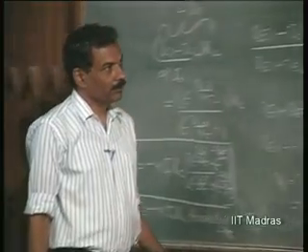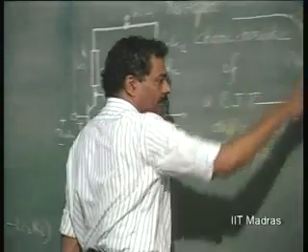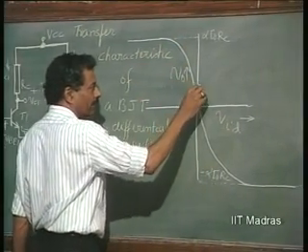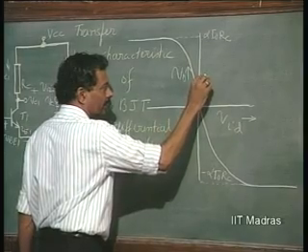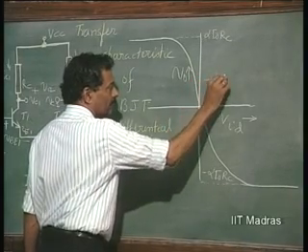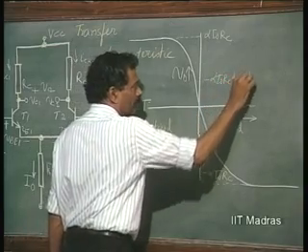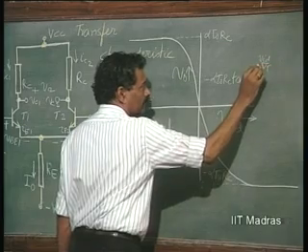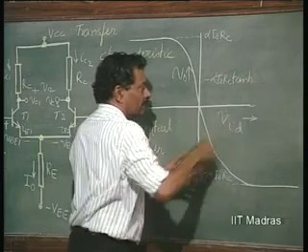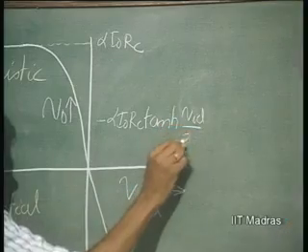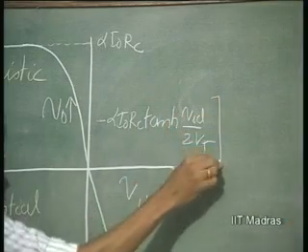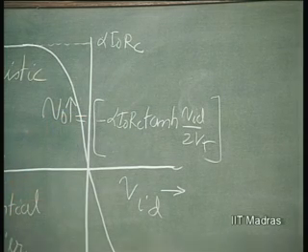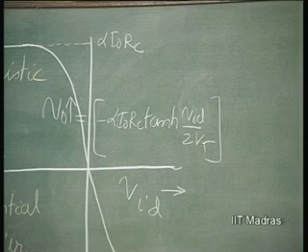So, this function which is going from alpha I naught RC to minus alpha I naught RC is, strictly speaking, minus alpha I naught RC tan hyperbolic VID by 2VT. Is this clear?